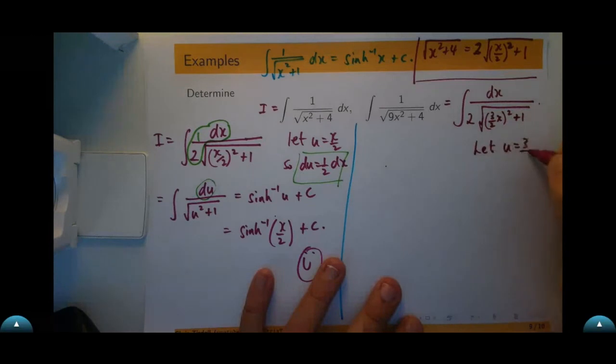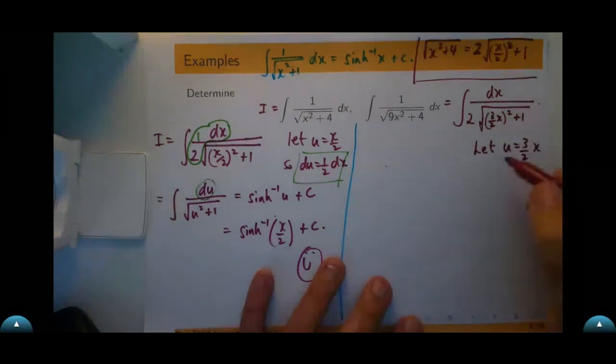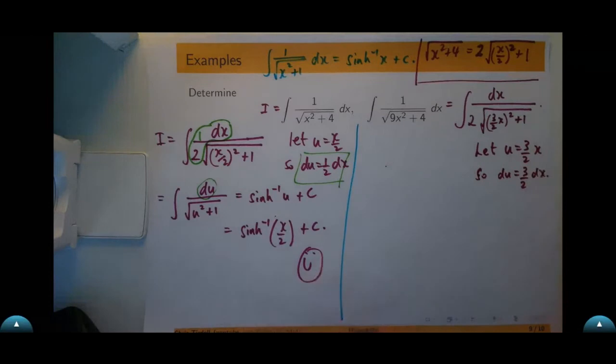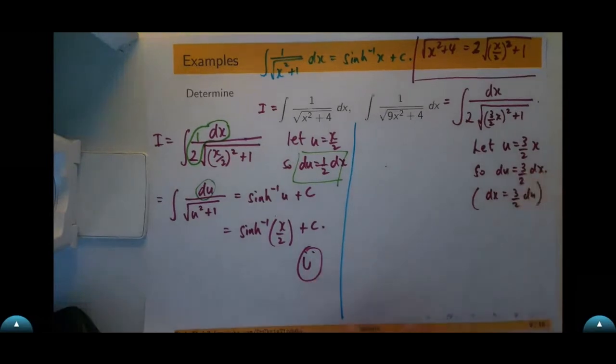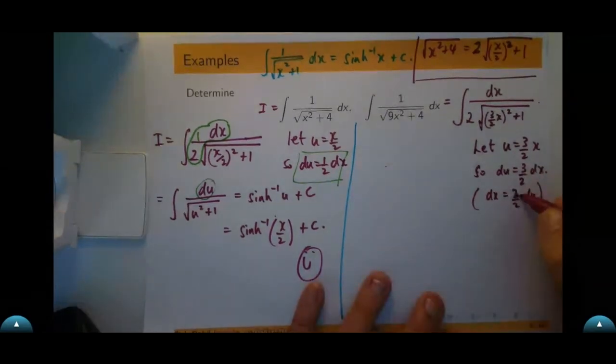Then you can let u equal 3 on 2 x. So du equals 3 on 2 dx. So you make those substitutions. Just rearrange that, sorry, 2/3.